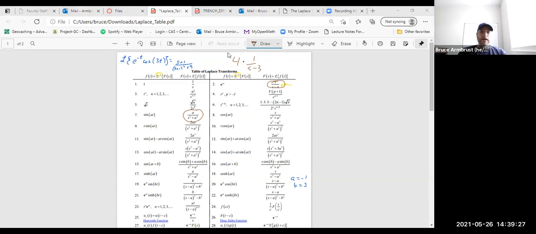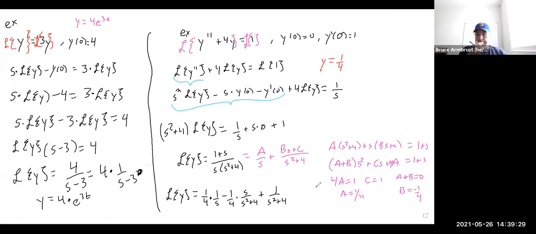Okay, so let's go back and take care of those. The second one is going to give us 1/4 cosine of 2t. The s over s squared plus a squared was cosine exactly, and it was cosine of at, so cosine of 2t.